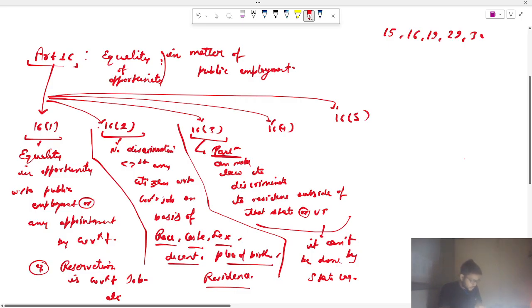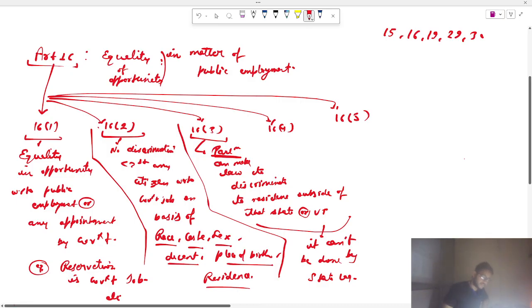Article 16, Clause 4 says that nothing in this article shall prevent the state from making any provision for the reservation of appointments or posts in favor of any backward class of citizens which, in the opinion of the state, is not adequately represented in the services under the state.